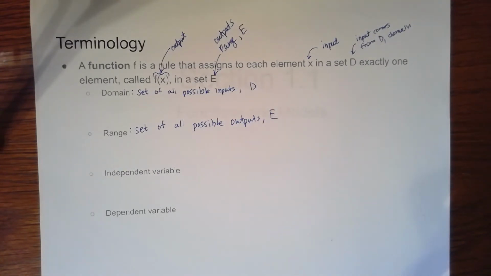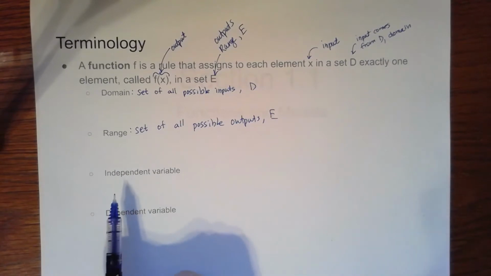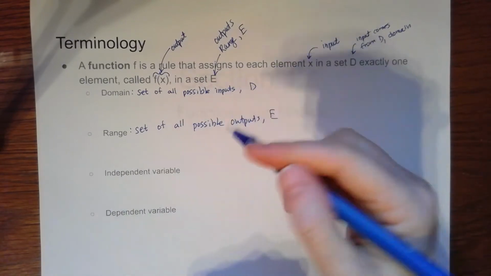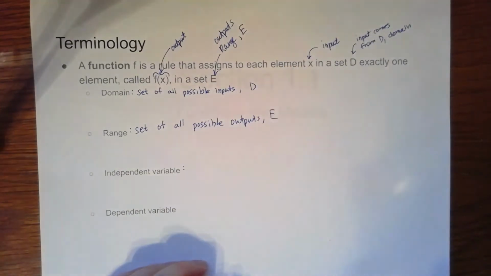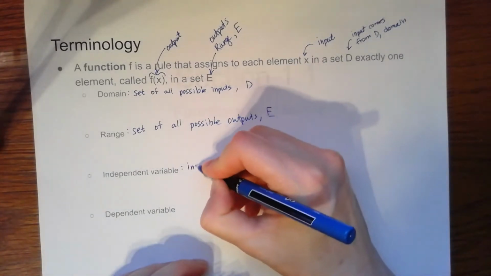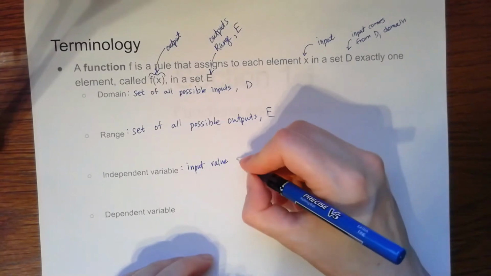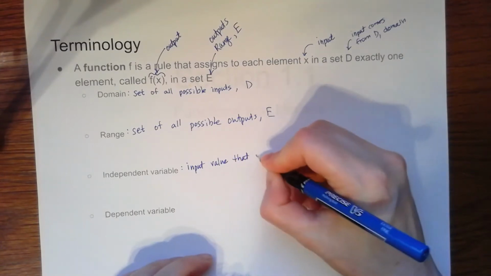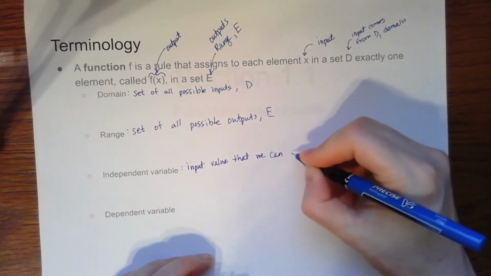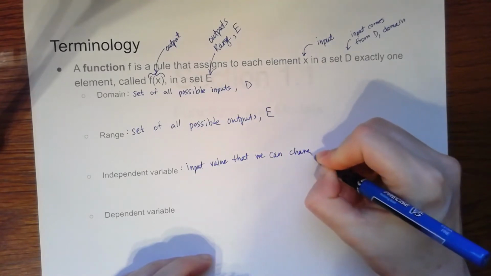And then the next thing that we have to look at is the terms independent variable and dependent variable. So the independent variable is the thing that we're allowed to freely change, and that's the input value. So we can change this.